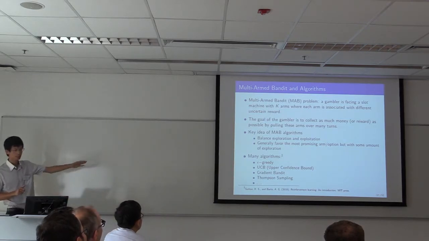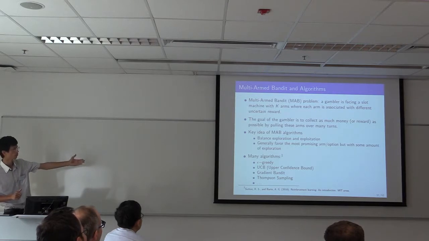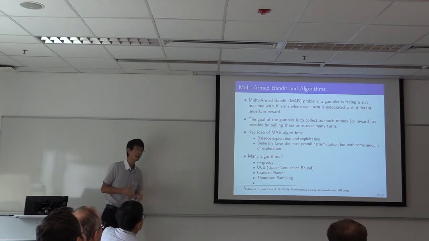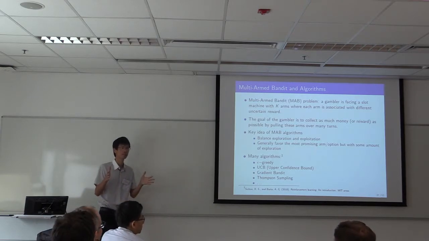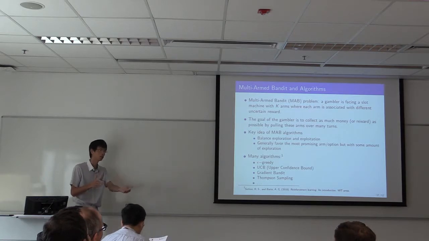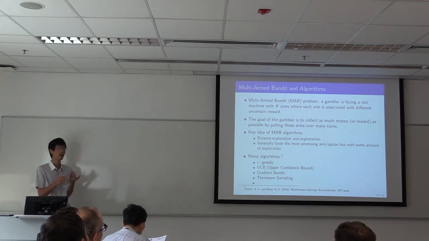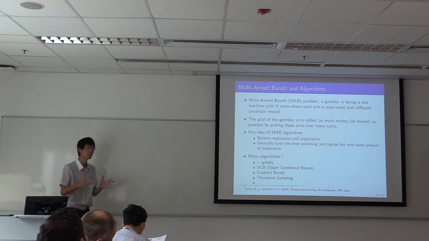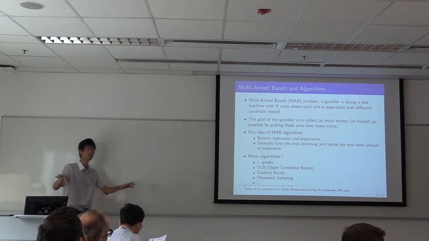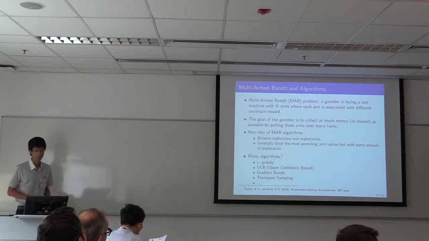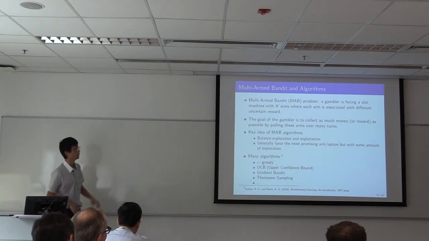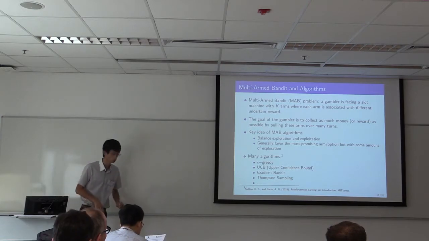Okay, so I mentioned there are many algorithms ranging from very simple heuristic ones like epsilon-greedy, which means that with 1 minus epsilon probability, you are going to chase the past winner. You are going to select the arm which returns the best sample average reward so far, and with epsilon probability, you are going to randomly choose an action, okay, to explore other possibilities. And the other ones that have been popular include UCB, gradient bandit, Thompson sampling, etc.